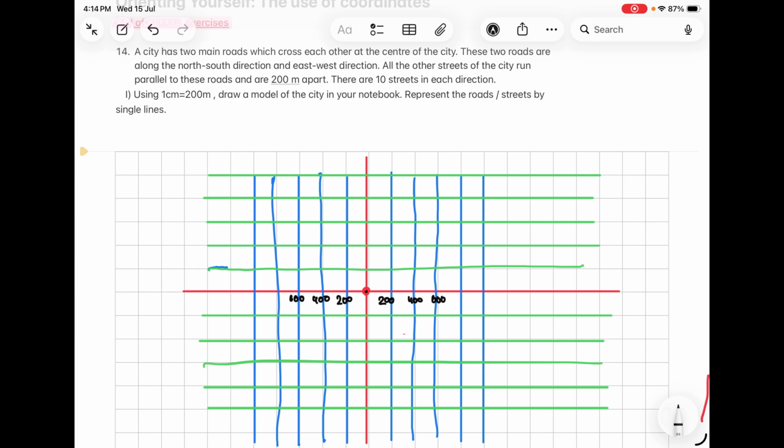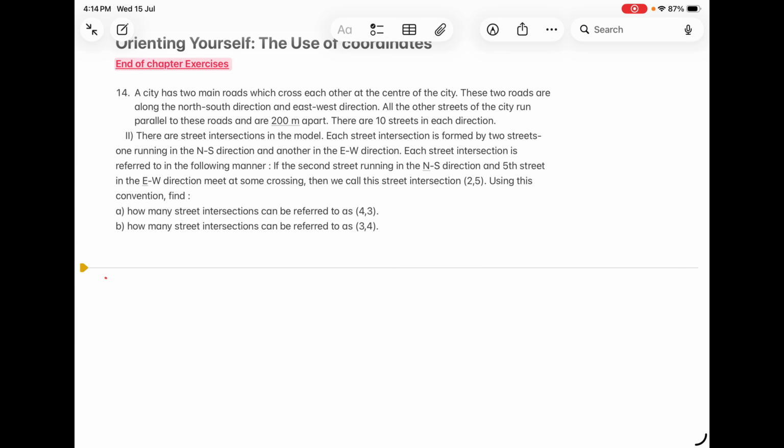Now coming to the second part. The second part of question number 14 is: there are street intersections in the model. Each street intersection is formed by two streets, one running in the north-south direction and another in the east-west direction. Each street intersection is referred to in the following manner.